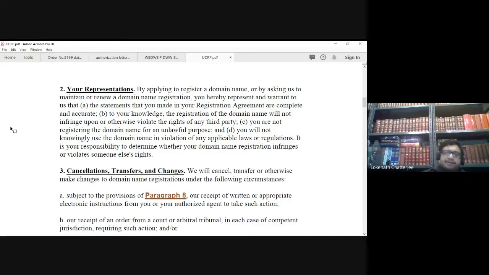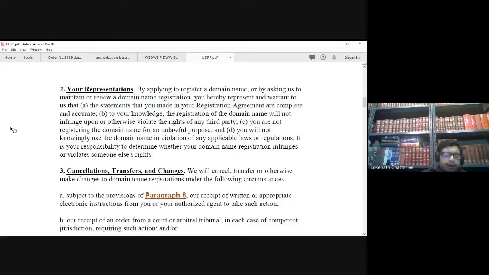And then it's not for an unlawful purpose, and the registrant will not use the domain name in violation of applicable laws or regulations. The background check has to be done at the end of the registrant, the person who is applying for the registration, and based on the background check and the undertakings, the registration will be done.